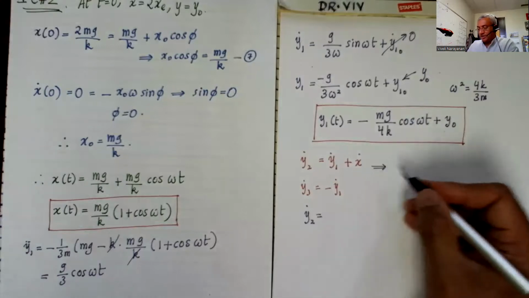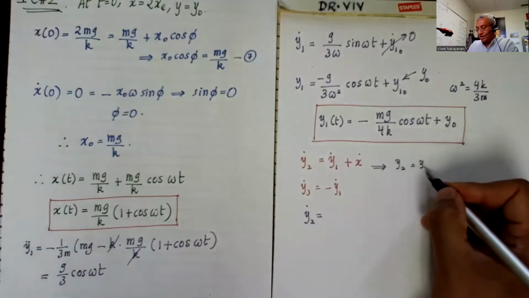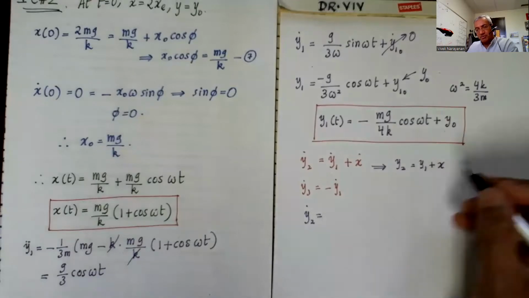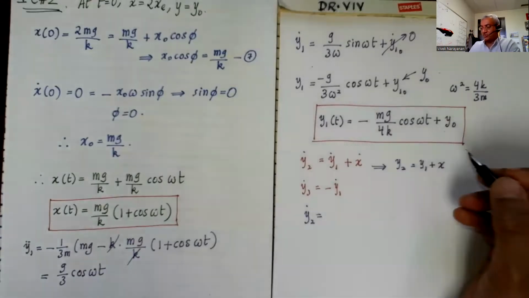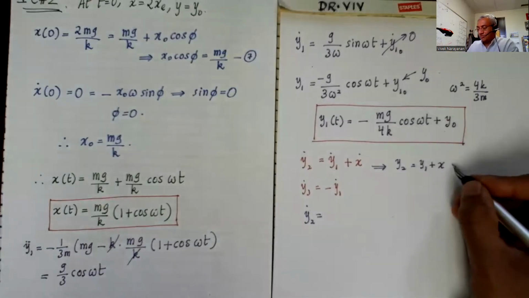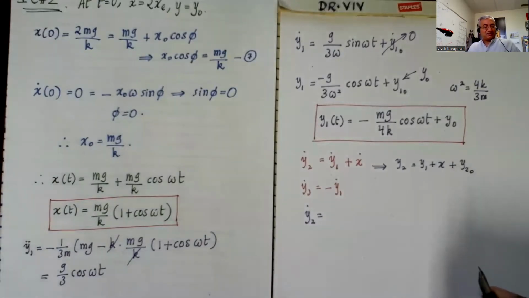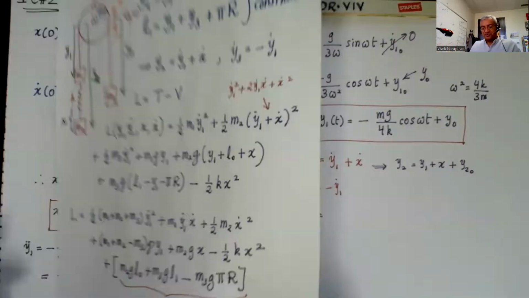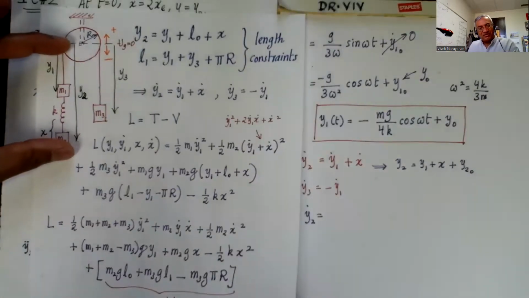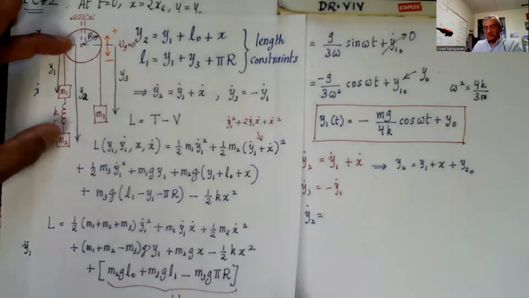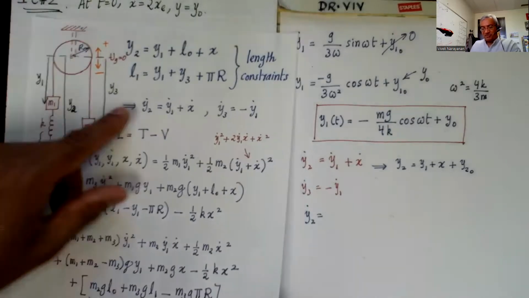So this actually tells me that y2 is equal to y1 plus x plus a constant, but y2 is also held fixed. So the constant is y2 0, let's say. That's the initial length of y2, which is going to be given by this.